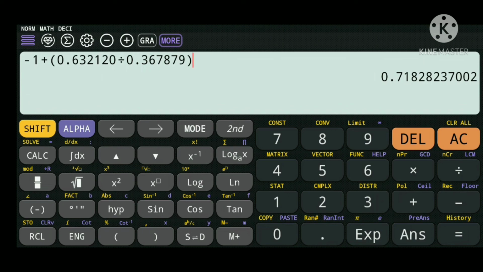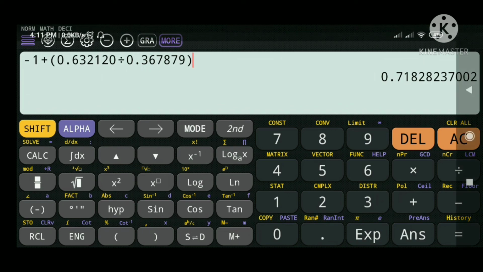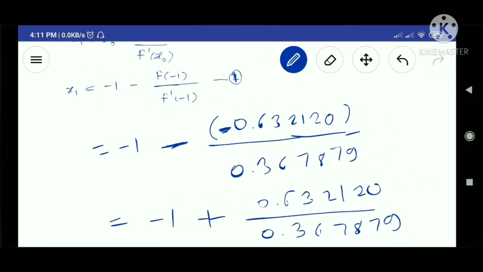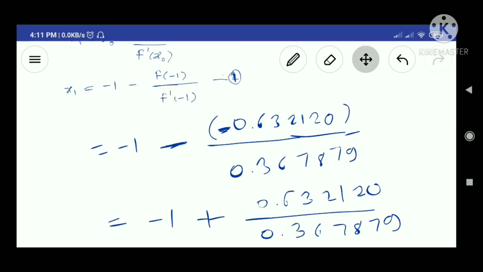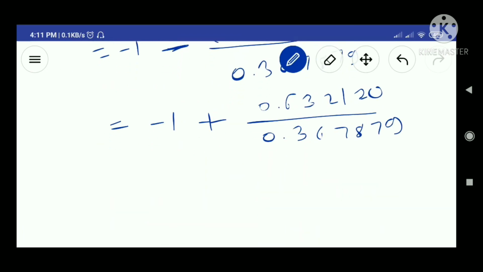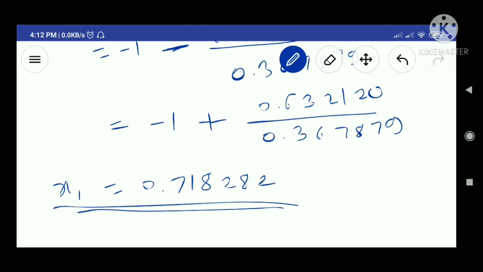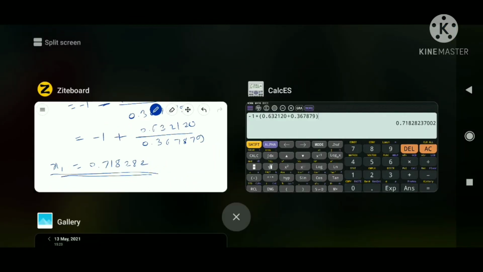So its answer is 0.718282. What is LHS? x1 is equal to 0.718282. See, this is the value of x1 after the first iteration.